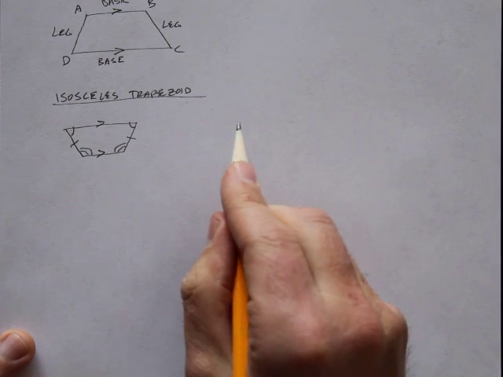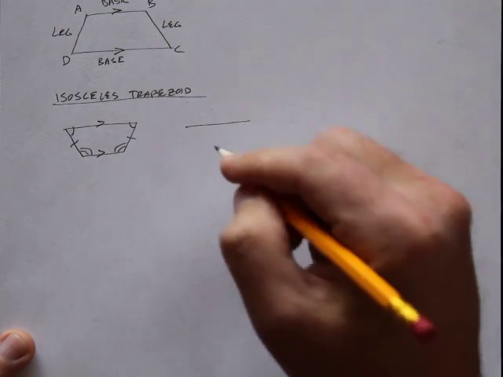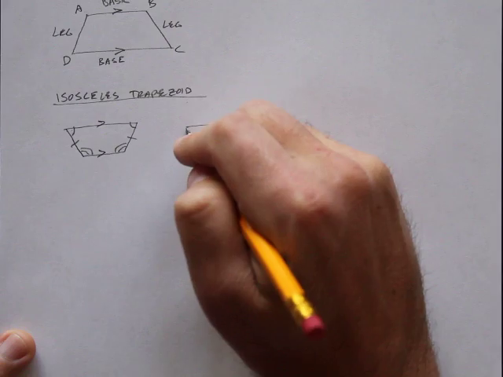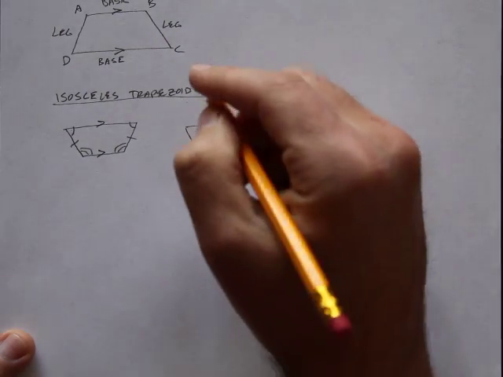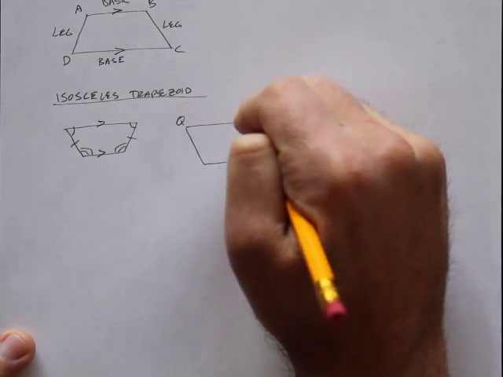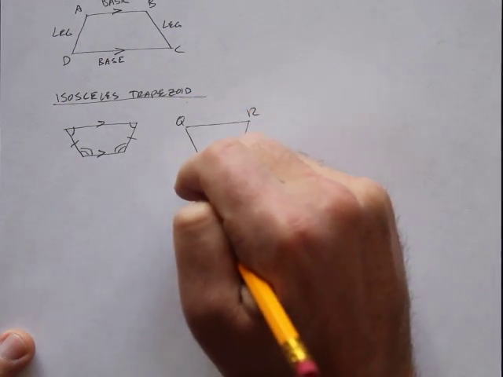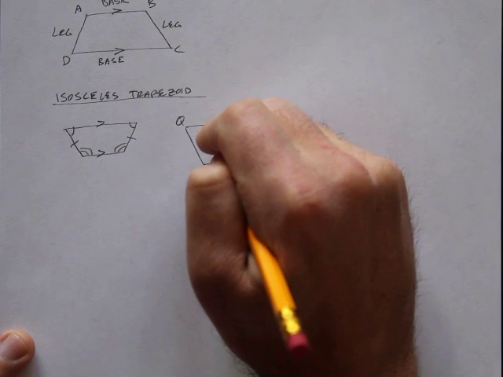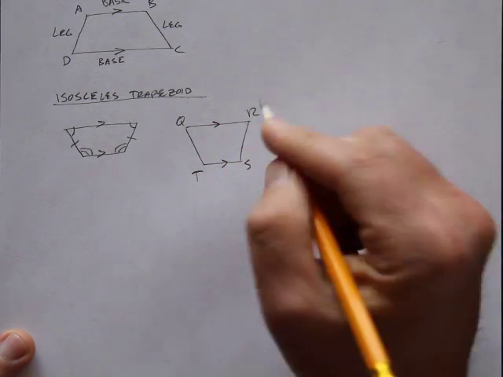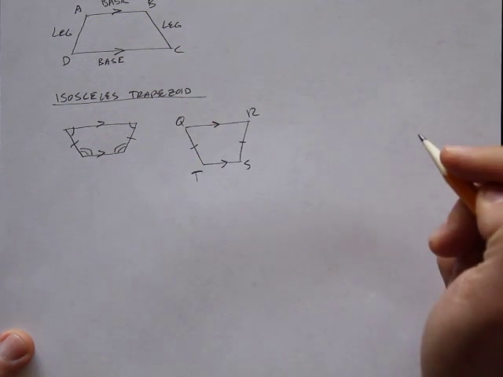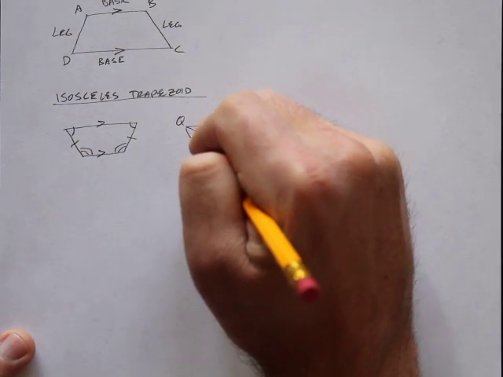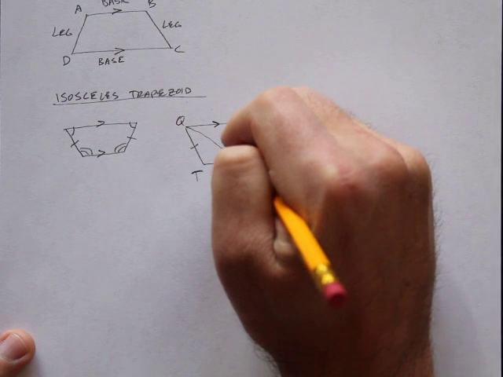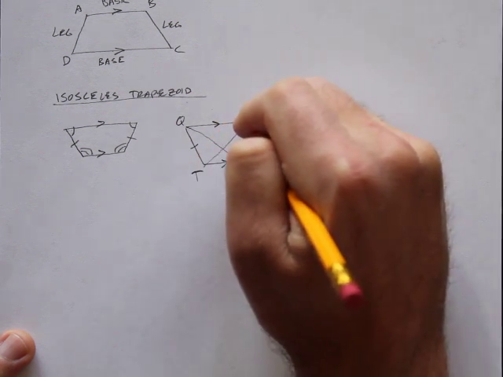So let's draw another one. And this is QRST. I've got a base and another base. My legs are congruent. Now I am going to draw diagonals on this trapezoid.